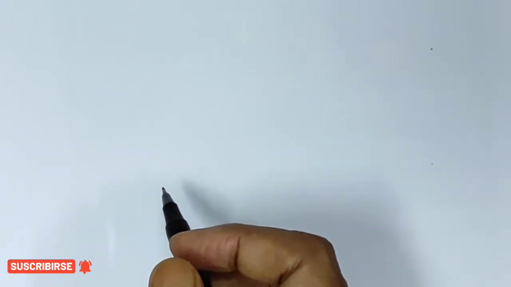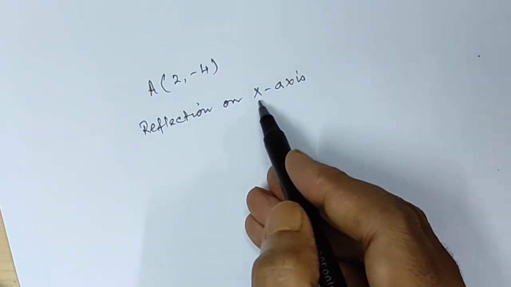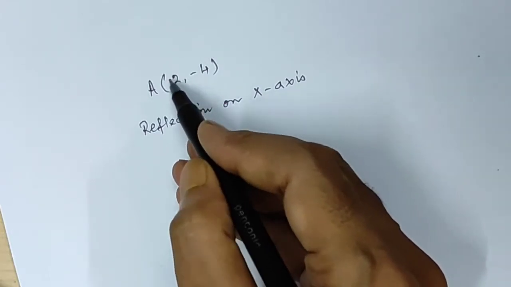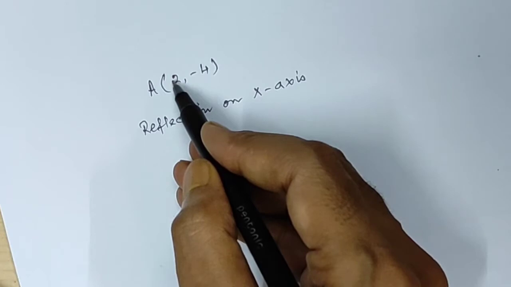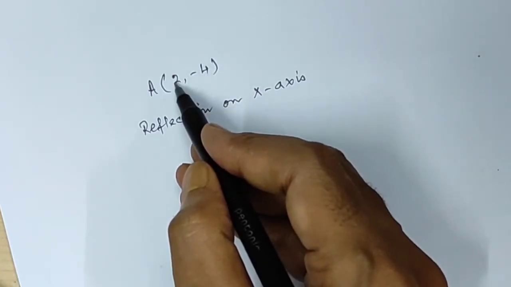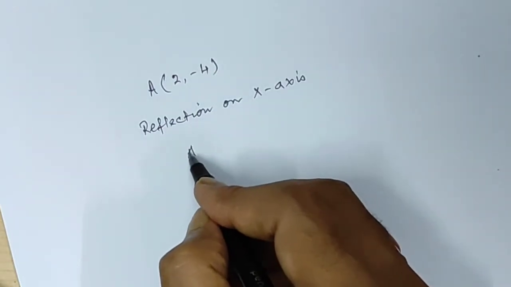Now, on the basis of this explanation, if we are given a point, say A (2, minus 4), on x axis, its x coordinate will not change, this will remain same, but its y coordinate will change, that is abscissa will not change, ordinate will change. So, the reflection will be like this.